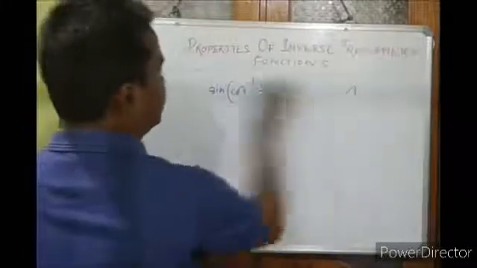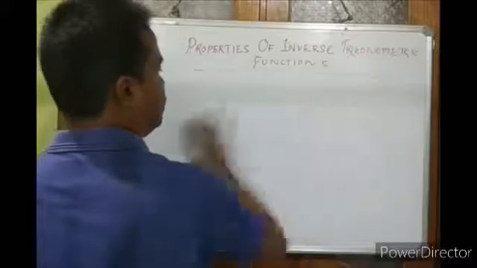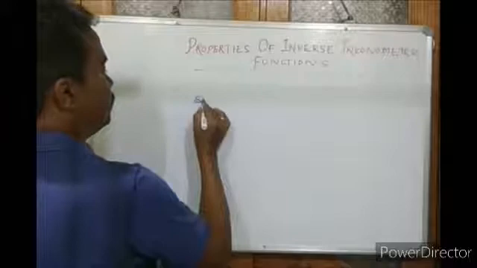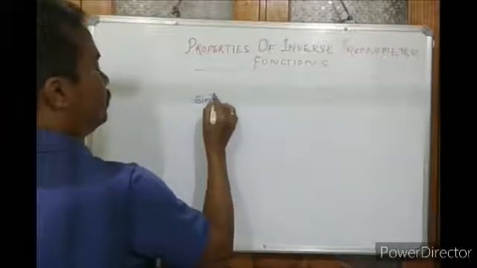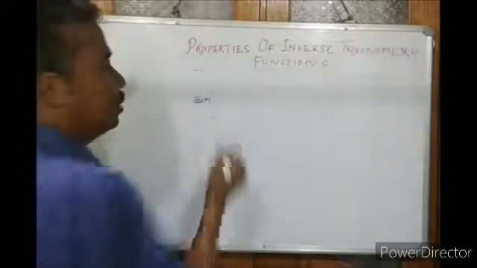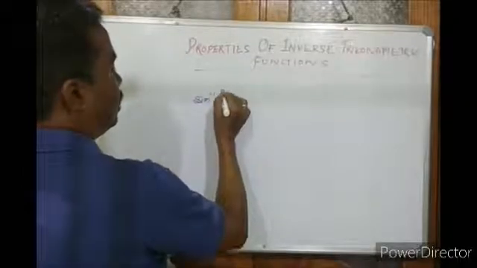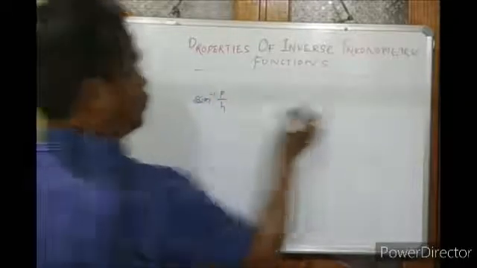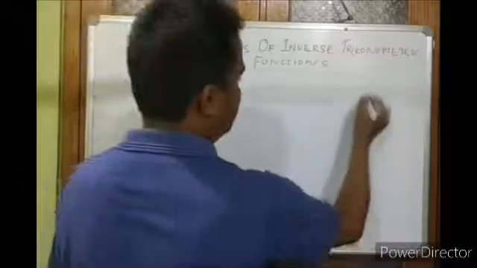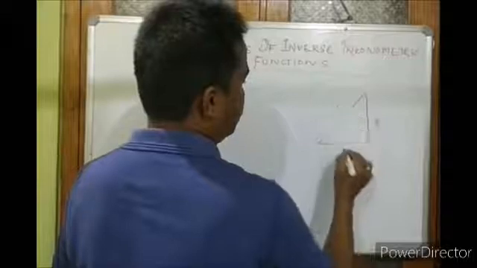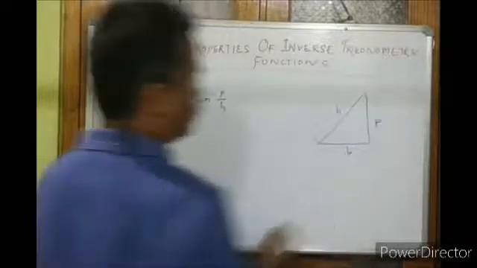Now we can generalize the statement like this. Sine inverse always comes as perpendicular by hypotenuse. If the angle is like this, this is perpendicular, this is hypotenuse, this is base.